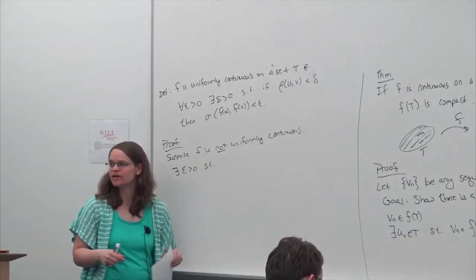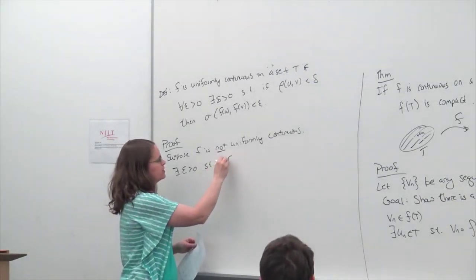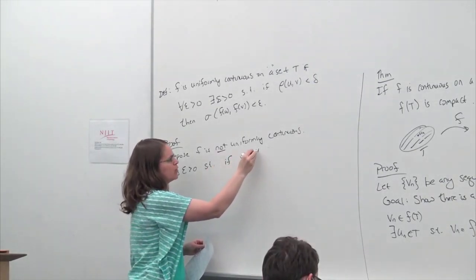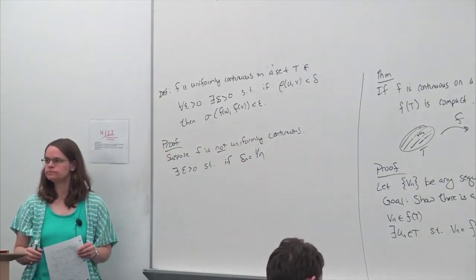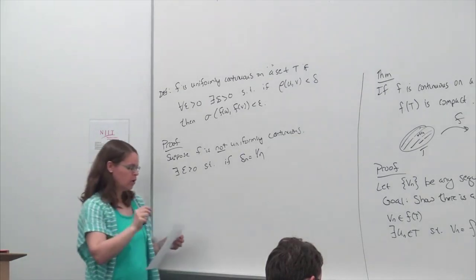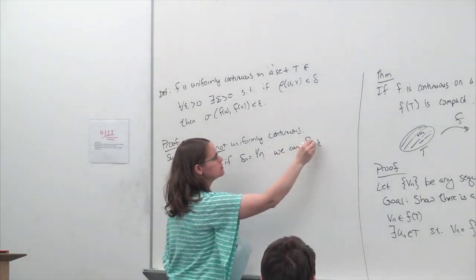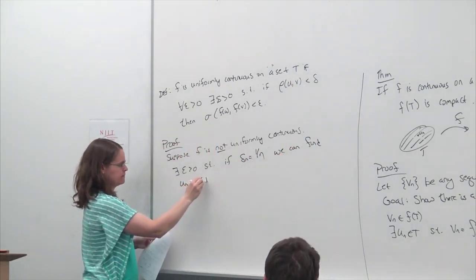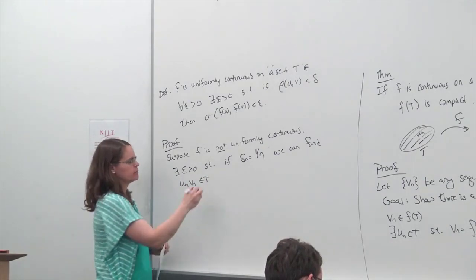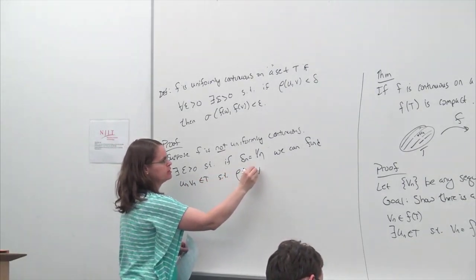I'm going to pick a sequence of deltas that gets smaller and smaller, so delta n equals 1 over n. We can always find some points, u_n and v_n, such that these points are close together.